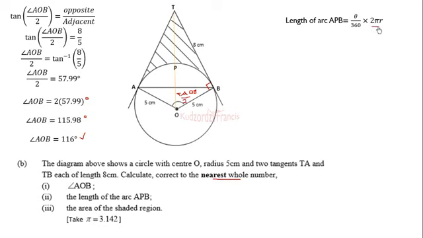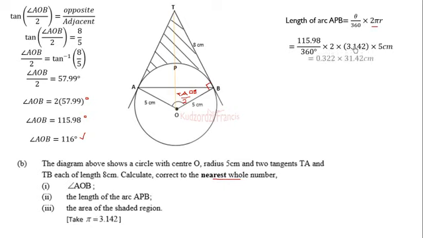So we need to substitute the values. I'm substituting this for theta in order to reduce the error that may come as a result of approximation. Then substitute the values: 5 centimeters, and 3.142 for pi.